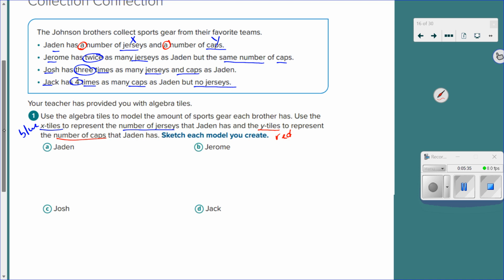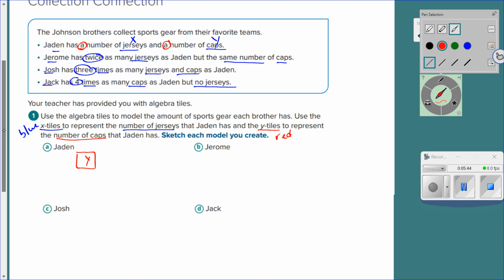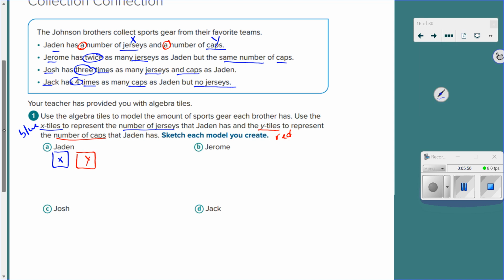One. So in front of me, I'm going to put for Jaden 1 red tile. That's my Y. How many blue tiles am I going to put down for Jaden? 1. And that's going to be my X. So to do the model with the algebra tiles, or just use the blue and red, when you draw them, you can add in the X and the Y.